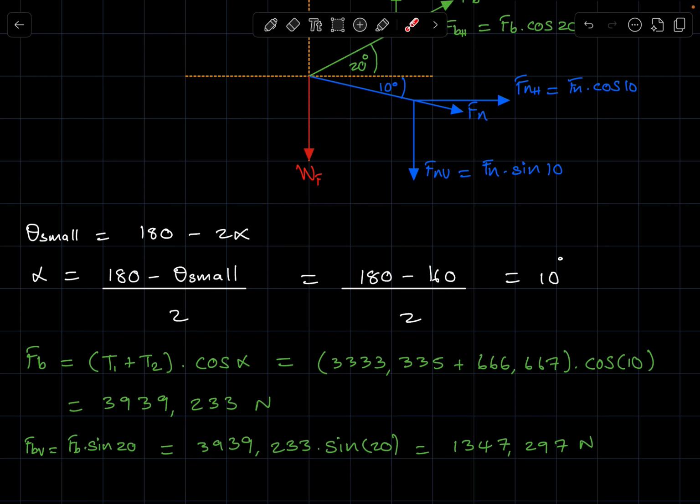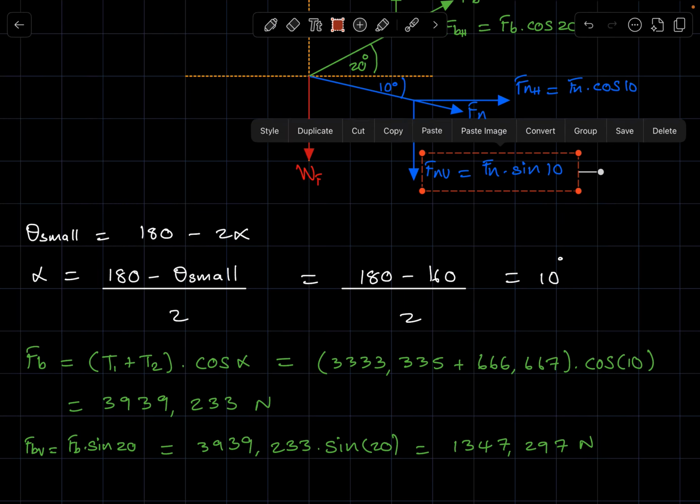But when considering conditions of equilibrium for the sum of forces in a certain direction equal to 0, so in this case, if we were to say the sum of forces in a vertical direction is equal to 0, only then would you use this as negative. So just bear that in mind.